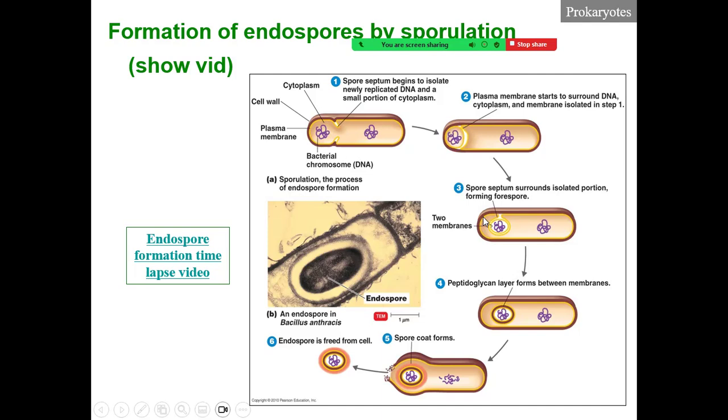The cell membrane will then have a peptidoglycan layer put inside of it. A spore coat will be put outside the cell membrane and the peptidoglycan layer. And then when the environment decays, the parent cell will die and that will release the endospore. Any question about any of that?